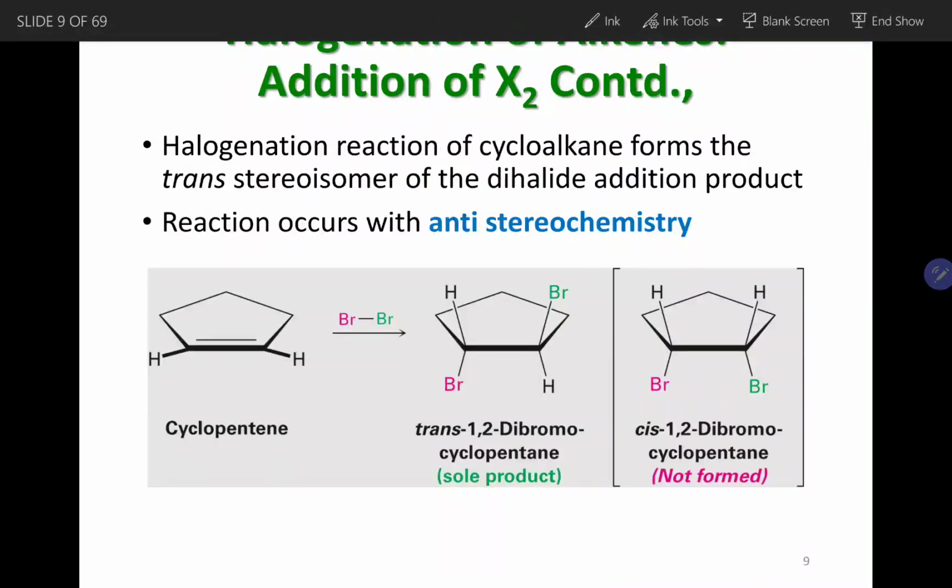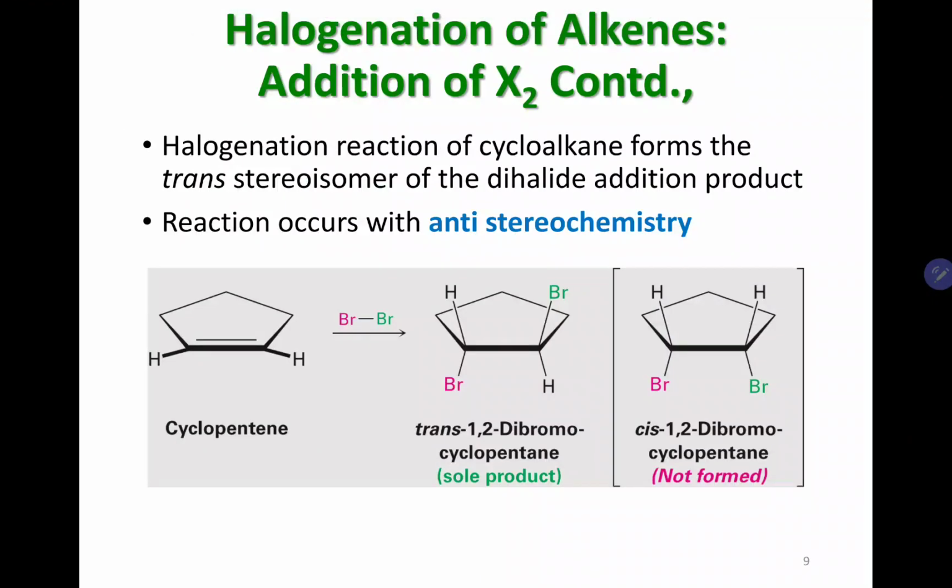In this slide, I have an interesting example. I have a cyclic alkene. The thing about cyclic compounds is that, because of the ring structure, they don't have free rotation around the single bonds. Because of that, alkenes could have a top plane and a bottom plane.